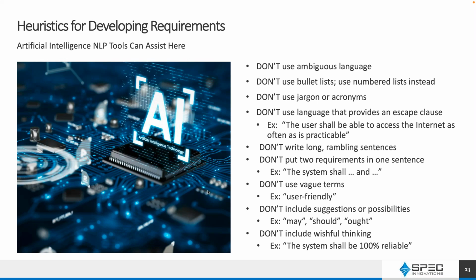Okay, so heuristics. So again, more heuristics about it. This is sort of the don't part. Don't use ambiguous language. Don't use bulleted lists. Use numbered lists instead. Actually, what you should do rather than have a list is make each one of the items on the list its own requirement. That's something you've got to be really careful about, whether you just give somebody a list or do that. Now I will say sometimes a numbered list is better.